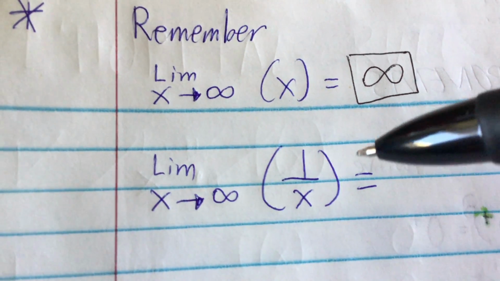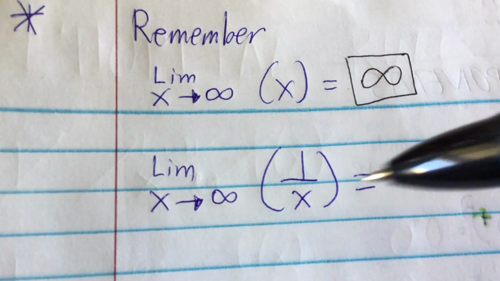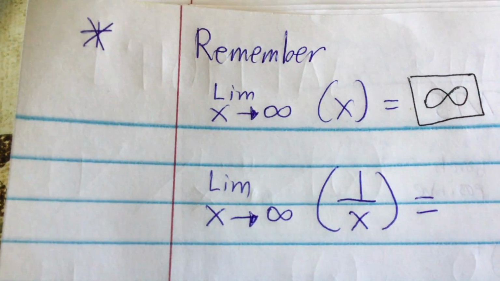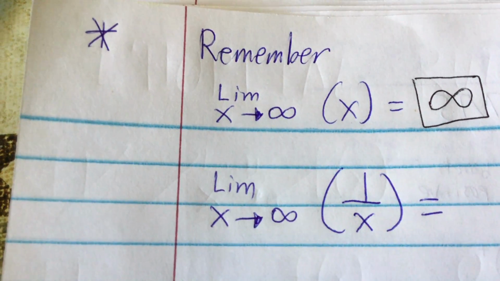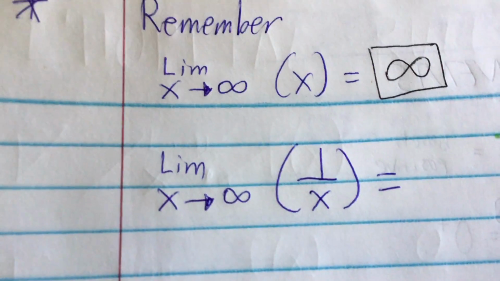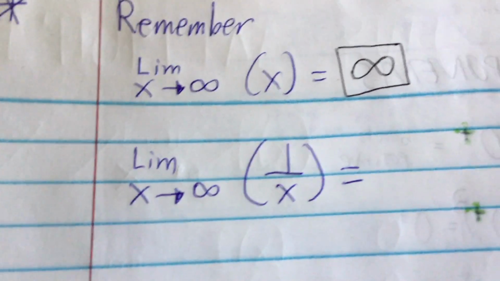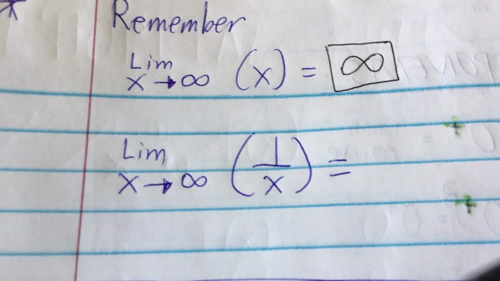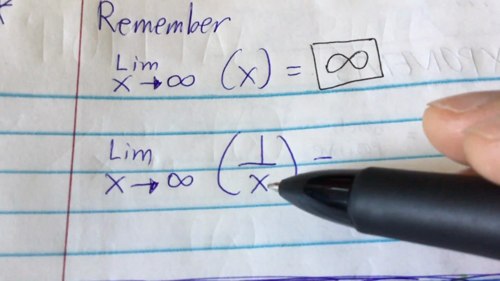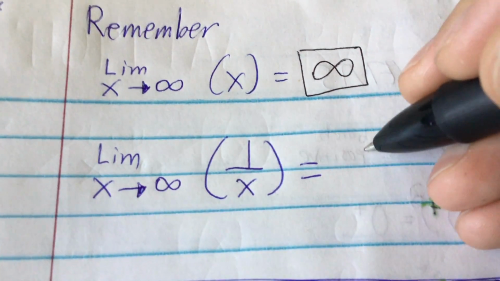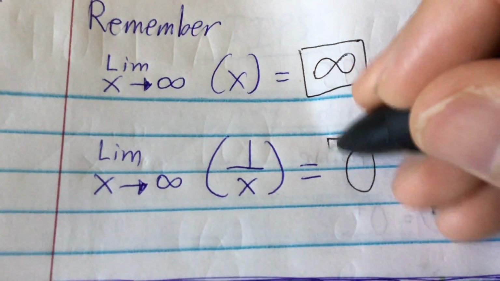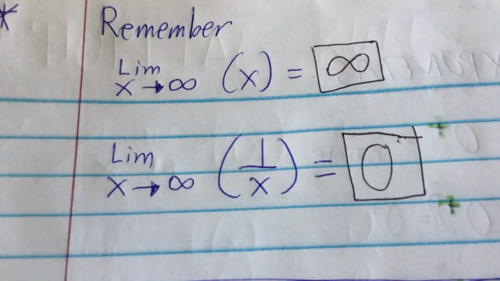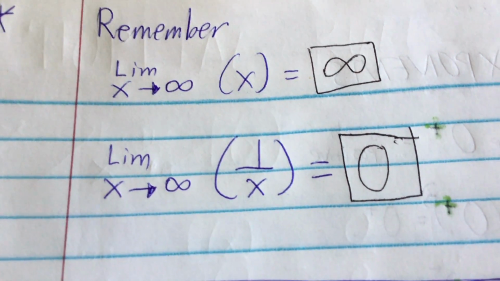If I plug in x equals 1,000,000, I get 1 over 1,000,000. So 1 divided by 1,000,000, that's a whole bunch of zeros, getting closer and closer to 0. So I can conclude that it's not actually going to reach y equals 0 as x gets to infinity, but the intent is that as x approaches infinity, 1 over infinity is 0.